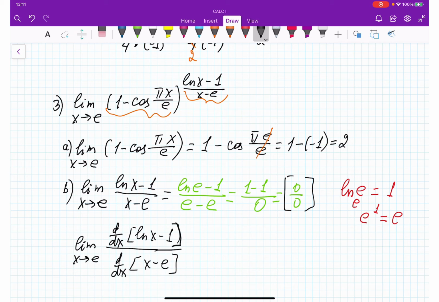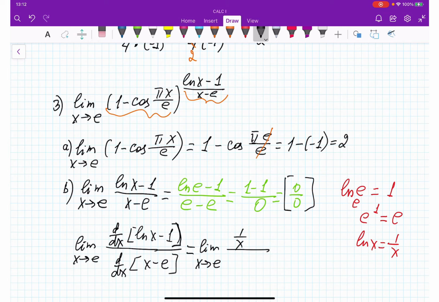Okay, so let's see what result we get. The derivative of natural log x is 1 over x, right? Which means from here we are getting limit x approaches to e.